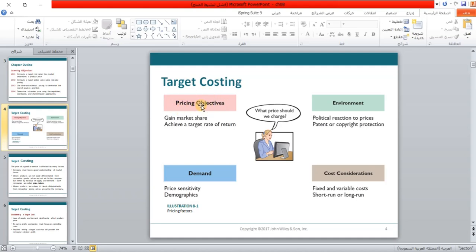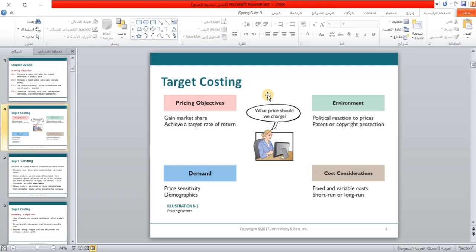considered through pricing objectives: gain market share, achieve target rate of return, demand, price sensitivity, environment, political reaction to prices, patent or copyright protection, cost consideration, fixed and variable costs, in addition to short run or long run.